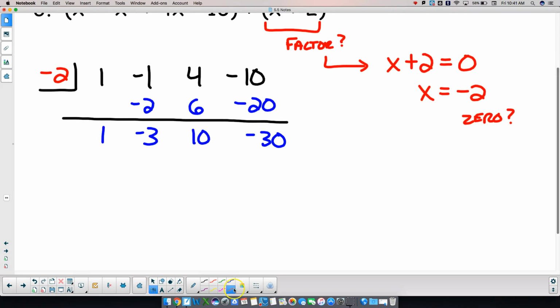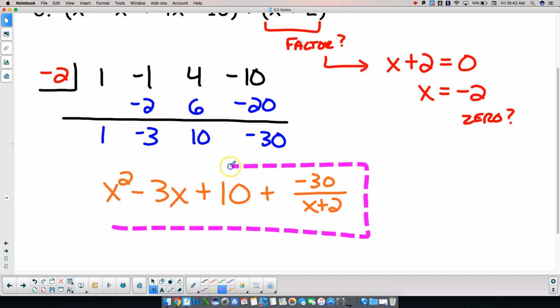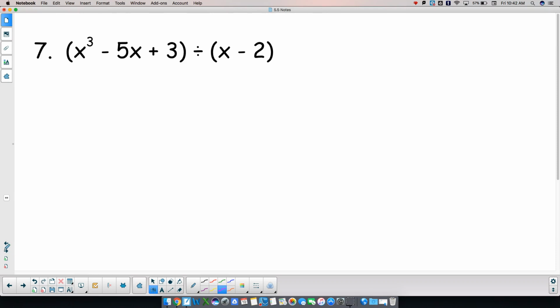So the answer here then is going to be, this started as a cubic, so this drops down to a squared, minus 3x plus 10 plus negative 30 over x plus 2. Okay? Try that.